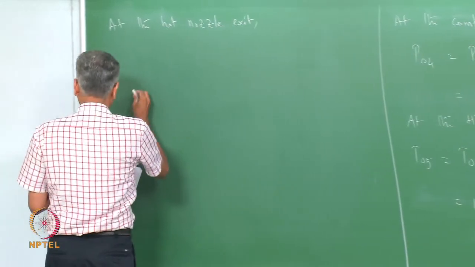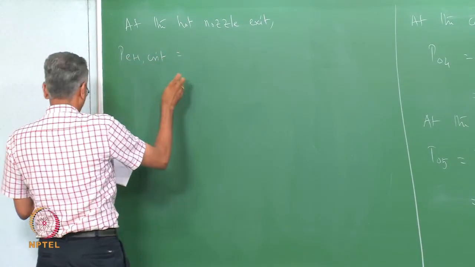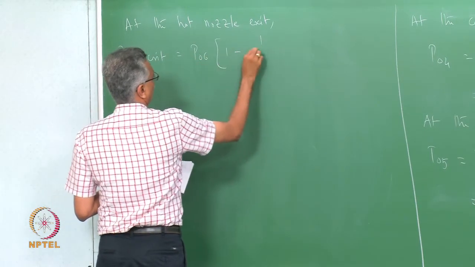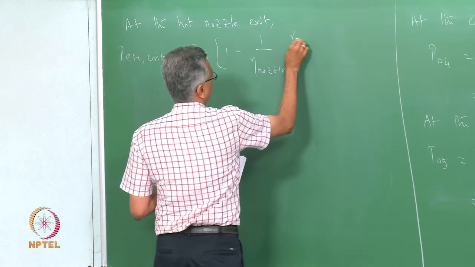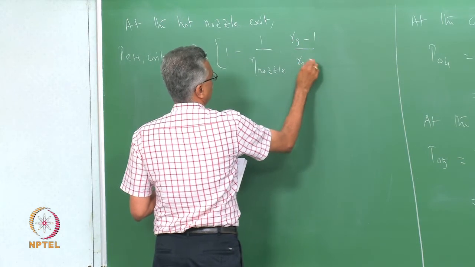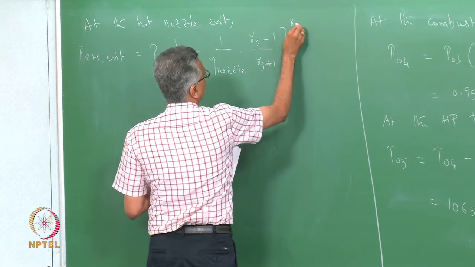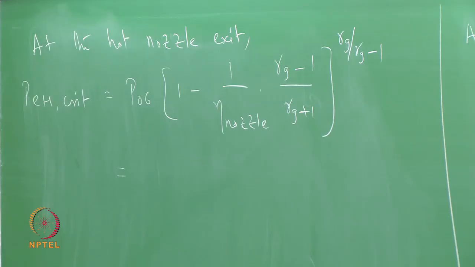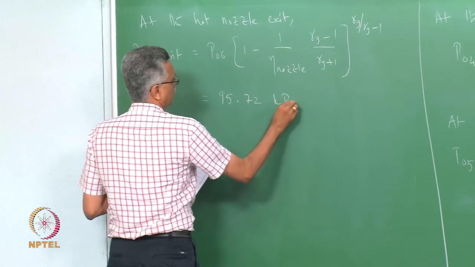At the hot nozzle exit, the critical pressure PEH critical, we derived this expression before, is equal to P06 times 1 minus 1 over eta nozzle times (gamma g minus 1 over gamma g plus 1) raised to the power gamma g over gamma g minus 1. If I substitute the values for P06, the critical pressure comes out to be 95.72 kilopascal.